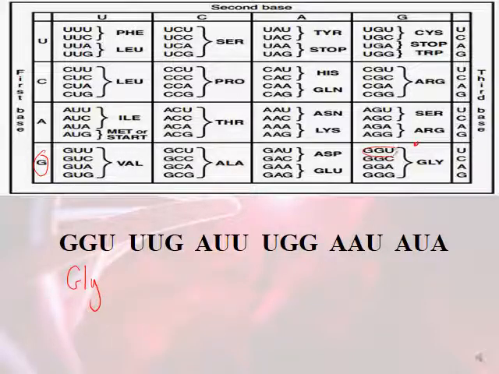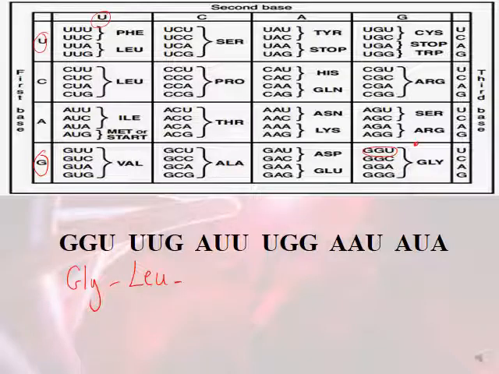Then UUG. Do you notice here four codons code for the same amino acid? This is called redundancy, where more than one codon codes for the same amino acid. UUG: the first letter is U and the second letter is U. It's leucine, LEU.